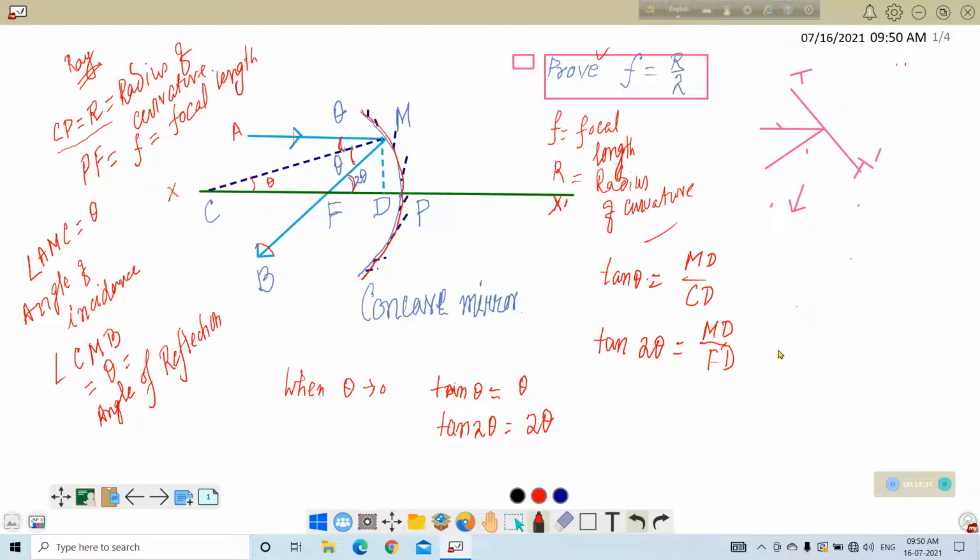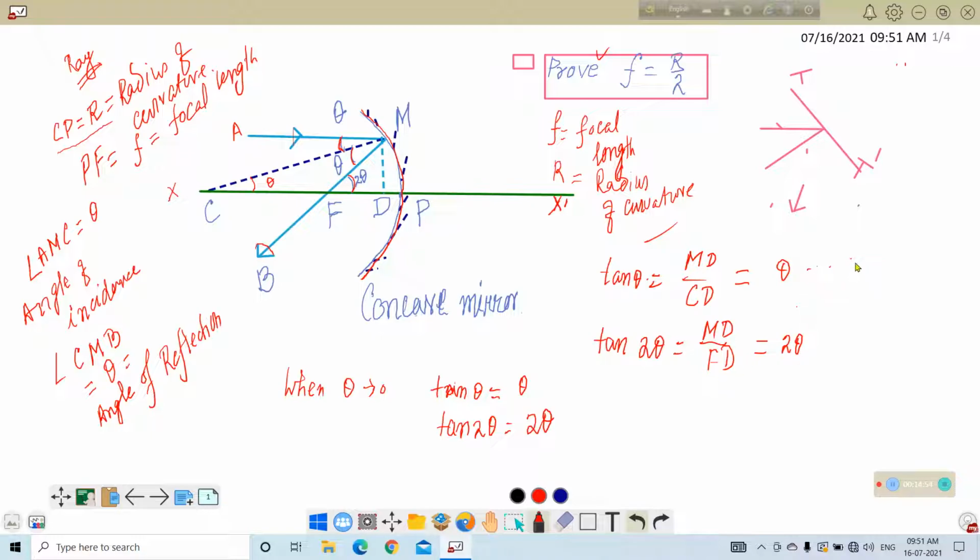So we can say this is equal to theta and this is equal to 2 theta if theta tends to 0, otherwise not. So MD by CD is equal to theta and MD by FD is equal to 2 theta.